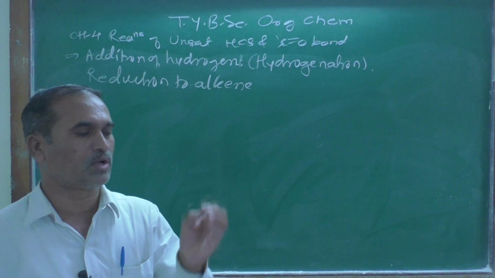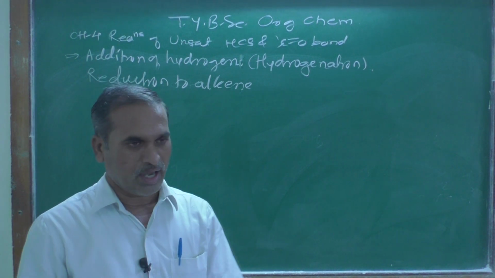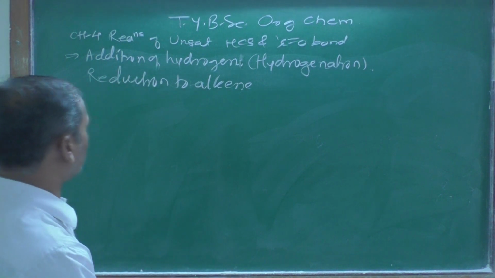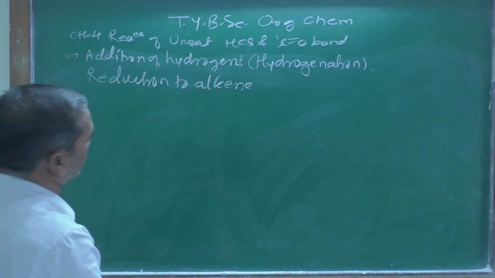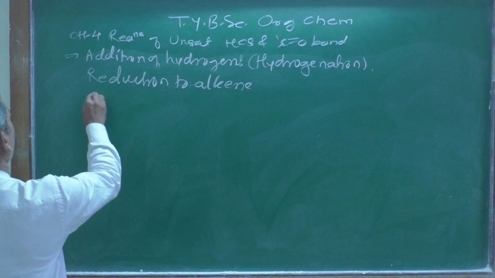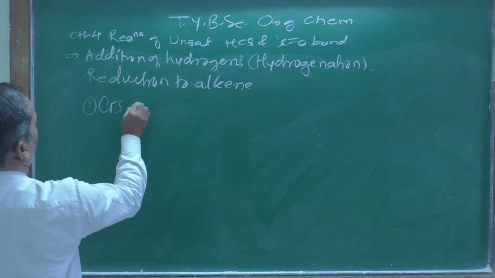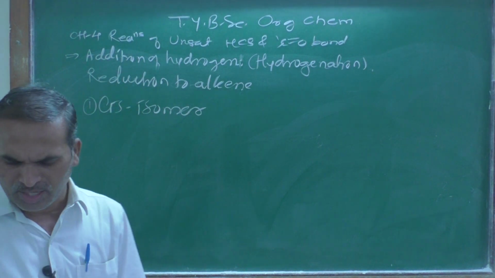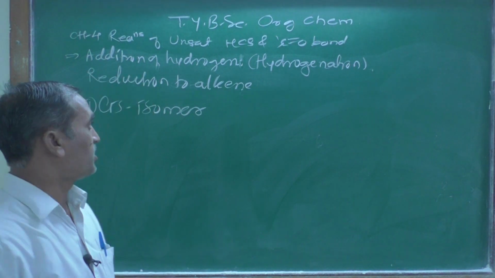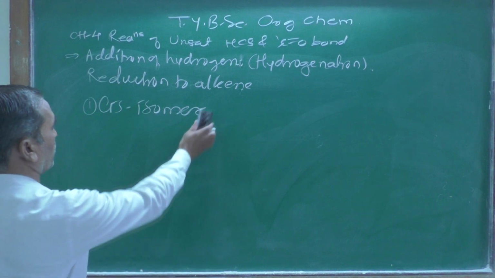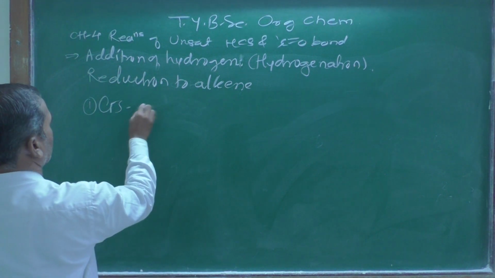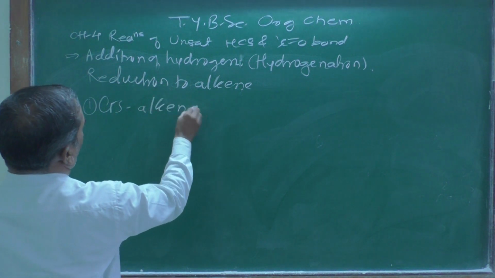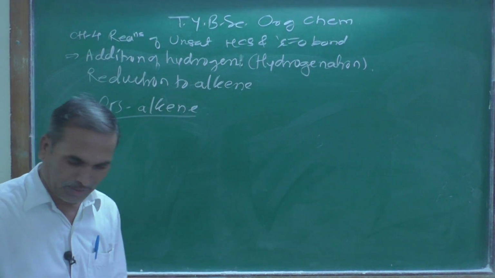Let us see the first one, the reduction to alkene. The first one is the cis isomer, the cis alkene we are generally getting. How do you get a cis alkene?